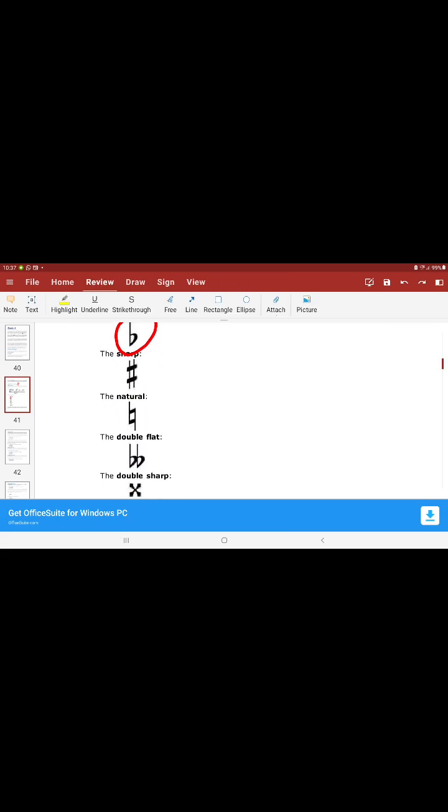That is clear. Now, let's talk about natural. The function of a natural is that it restores a note to its original pitch.